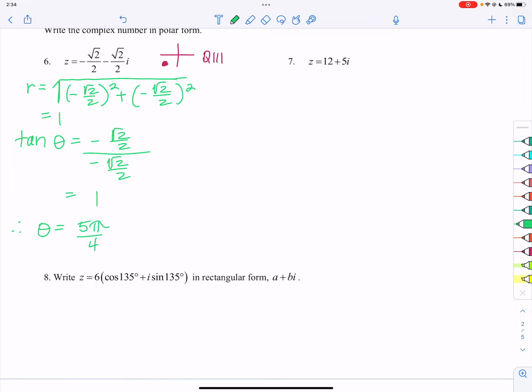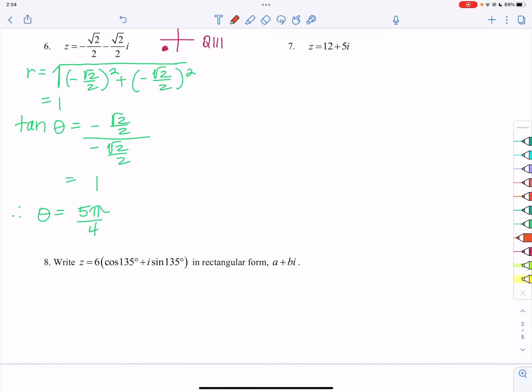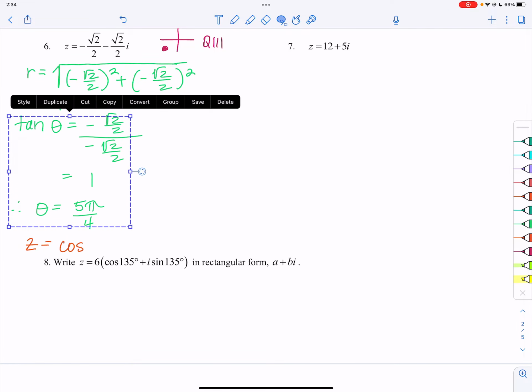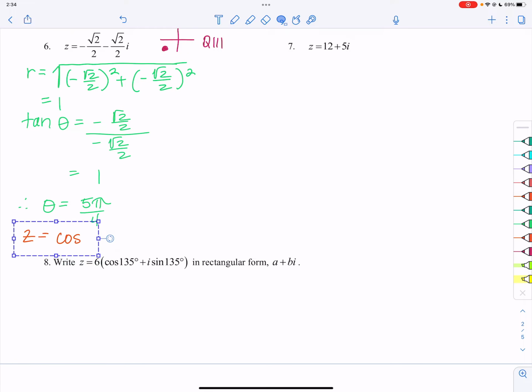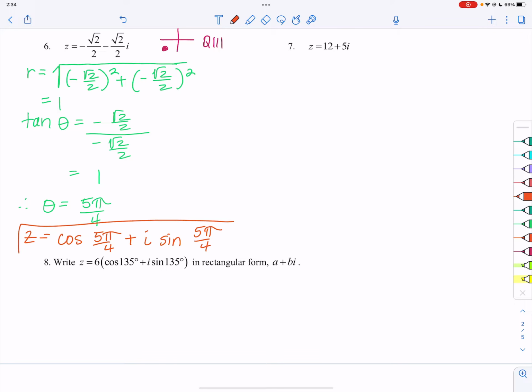So now we can write z as the cosine of 5 pi over 4 plus i sine of 5 pi over 4.